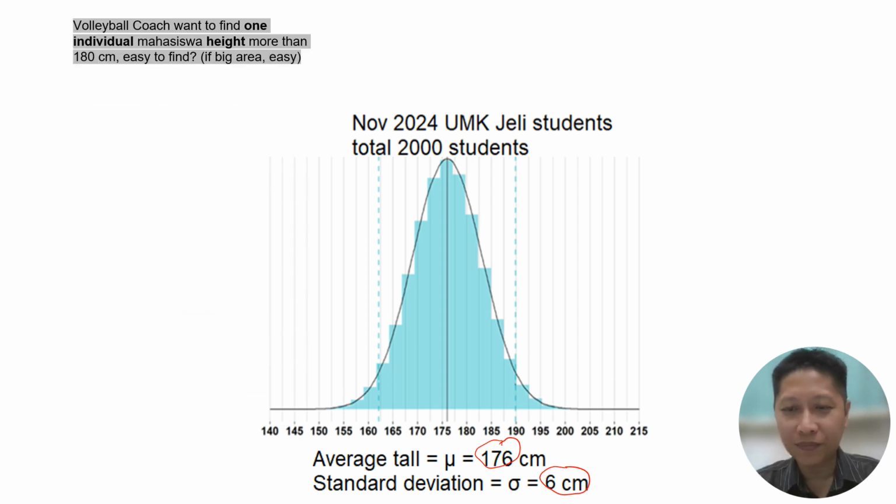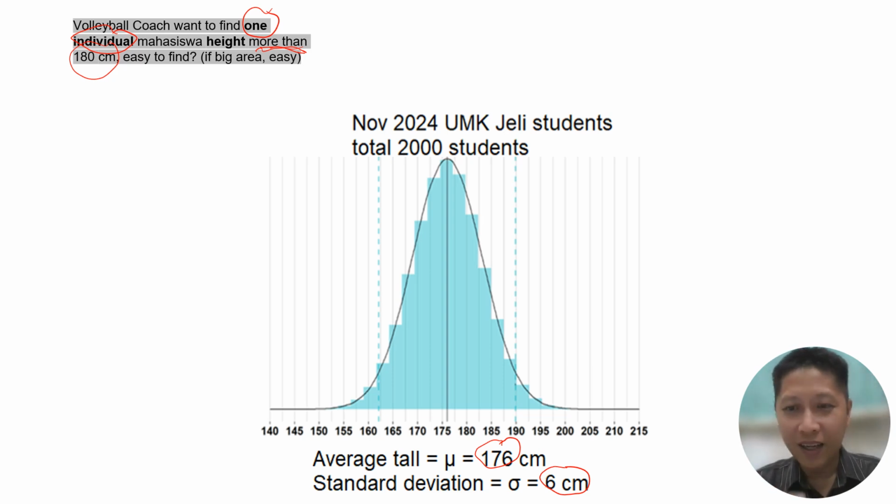Question number 1. A volleyball coach is coming from Kuala Lumpur and he wants to find one individual that has a height of more than 180 cm. Very tall mahasiswa. Is it easy to find this mahasiswa?